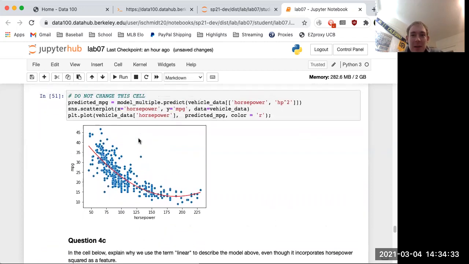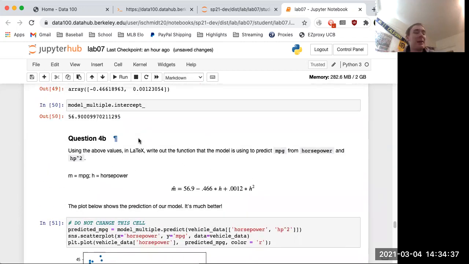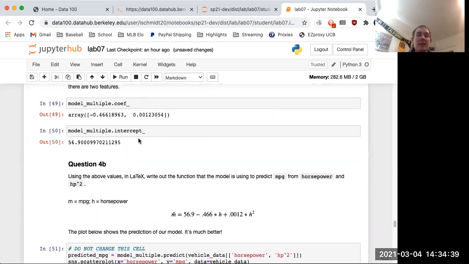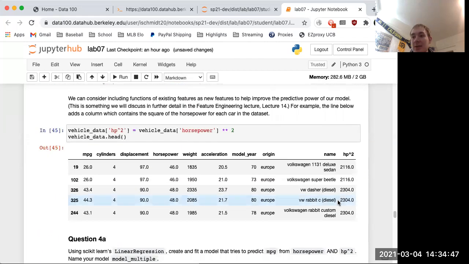Well, a good way to think about this is that the linear regression module in sklearn, the equations that we use, don't care that this column happens to represent horsepower squared. For all sklearn knows, for all the normal equations know, for all the different algorithms know, this is just another column.